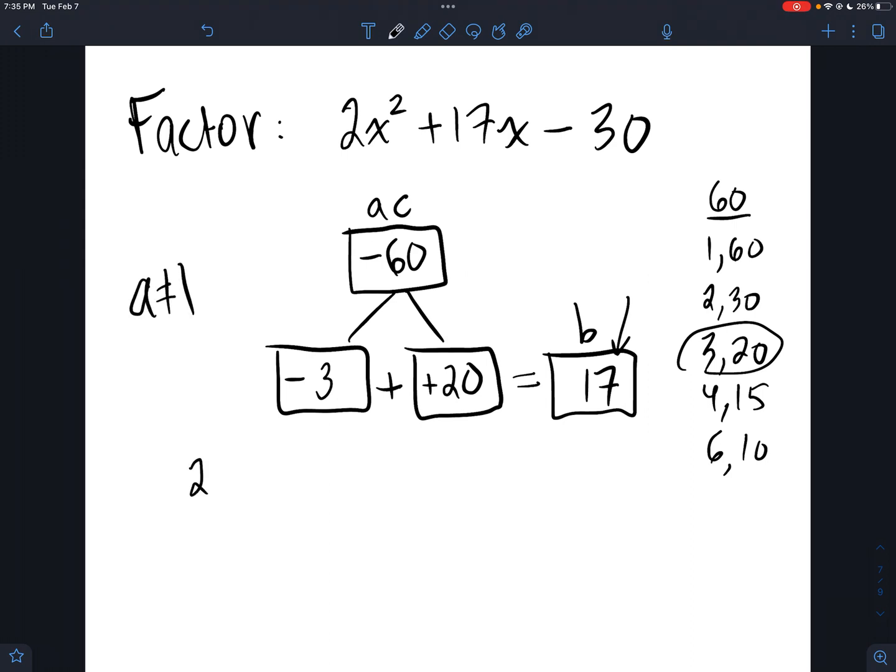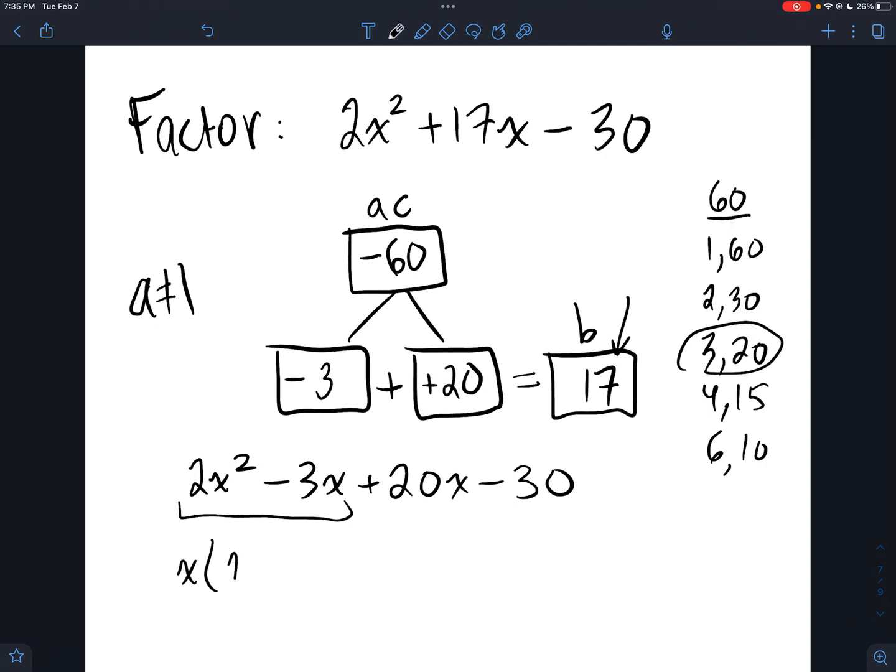Okay? And we can't just write down the answer and move on. When a is not 1, we're not lucky like that. So we have to use factor by grouping. So I'll separate the middle term into 2. So now I have 4 terms. And remember, we look to see, okay, first group, what do they have in common? They both have an x. And then the rest you write.